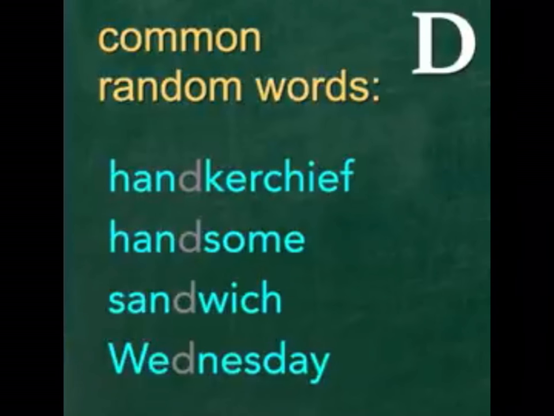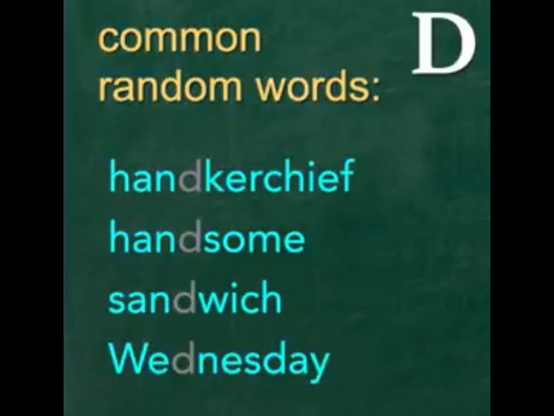Here are some common words that have a silent D, like handkerchief. We don't say hand-kerchief, we say handkerchief. We have handsome. We don't say hand-some, we say handsome. The D is silent here. We have sandwich.